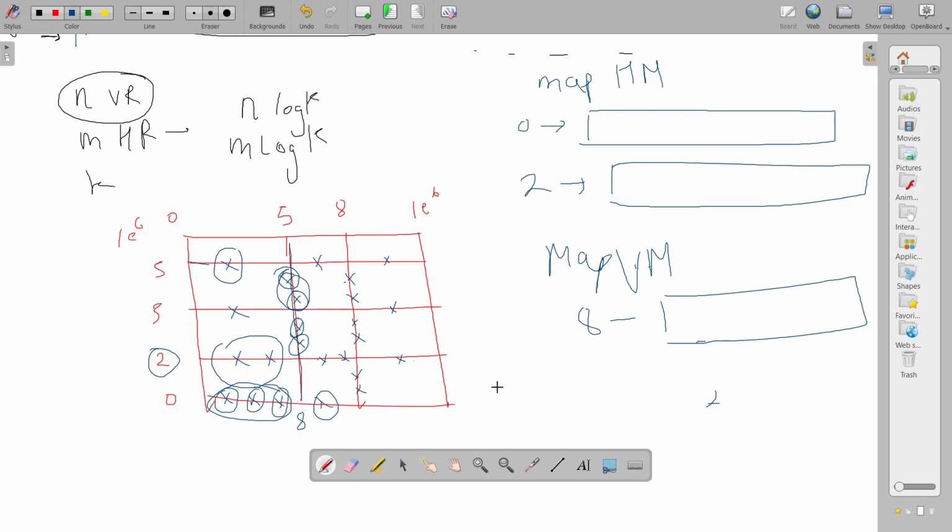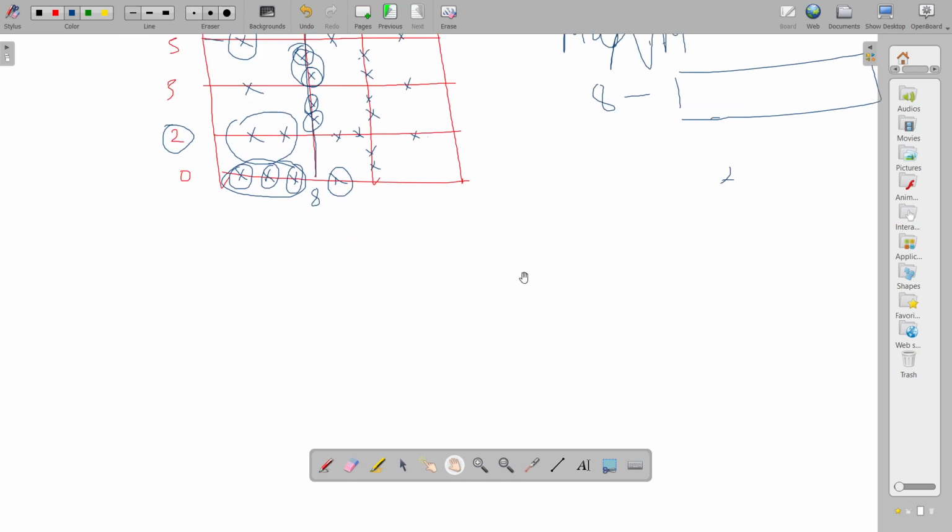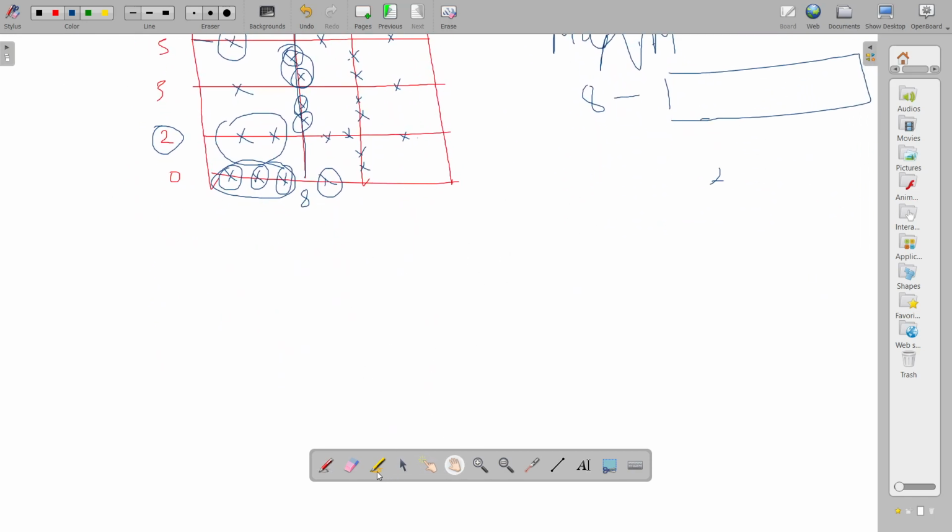Now how do I solve? So I'll take an example of a single line. Okay, let's talk about this line at the y0 coordinate, and we have elements here, elements here. Let's say I have elements like this on this line.